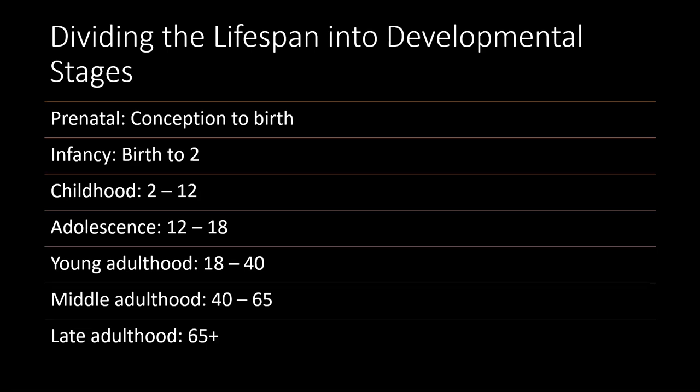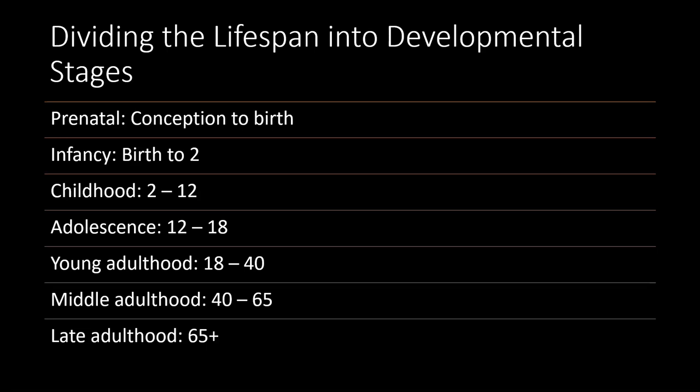We can divide the lifespan up, and I would argue somewhat arbitrarily, into stages. Understand that these are socially determined or culturally determined stages of life. There's nothing really essentially biological about these breakdowns, although in some cases you could say, yes, the prenatal stage has a clearly defined set of parameters.